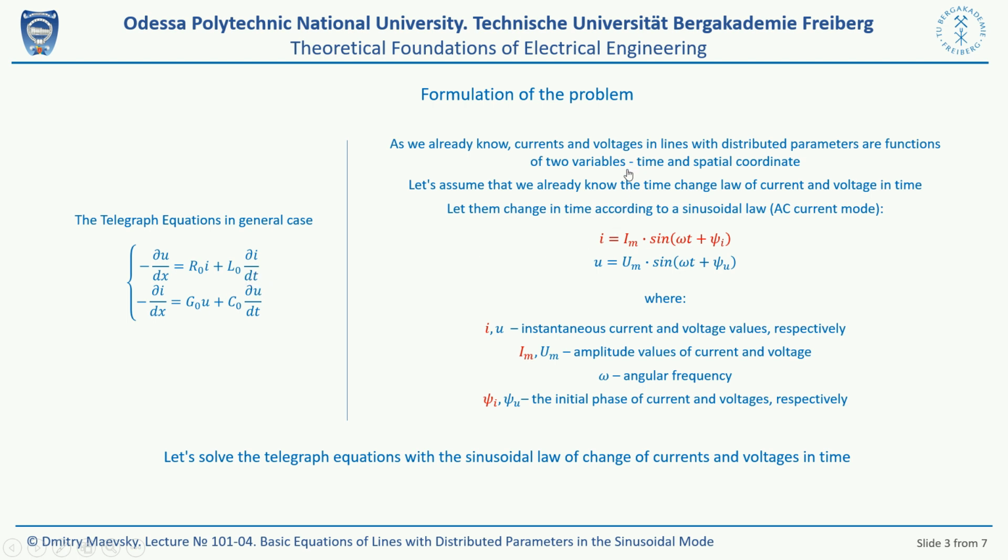The second variable is the spatial coordinate. This coordinate determines the position of the point in the line at which we need to find the current and voltage. Let us assume that the current and voltage in the line change according to the sine law.